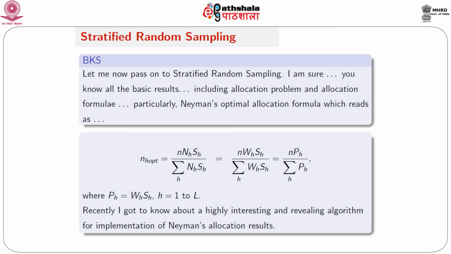So, what is the basic idea? Capital N is the total size of the finite population under question.